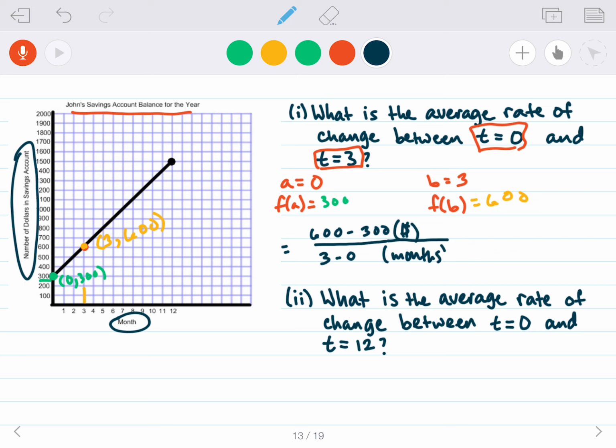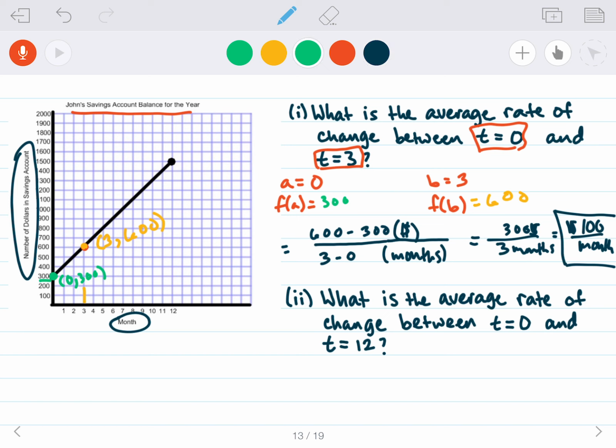So when I simplify this thing, I get $300 per 3 months, and if I simplify even further, I get $100 per month. So that's the average rate that he's saving between months 0 and month 3: $100 per month.